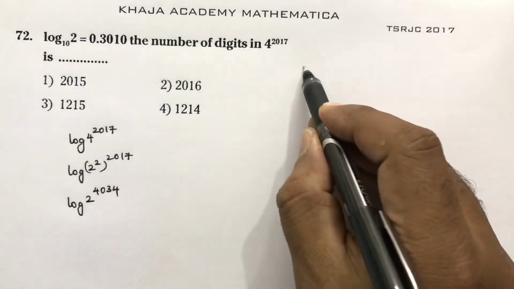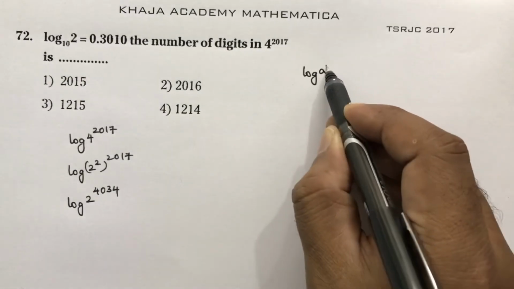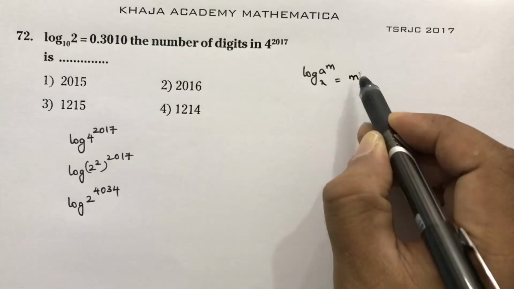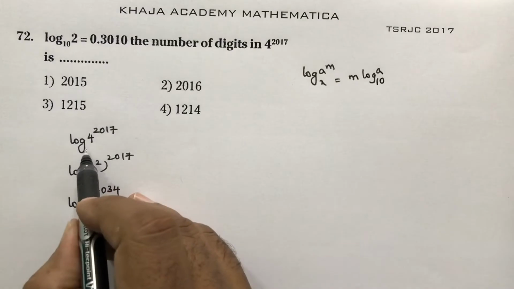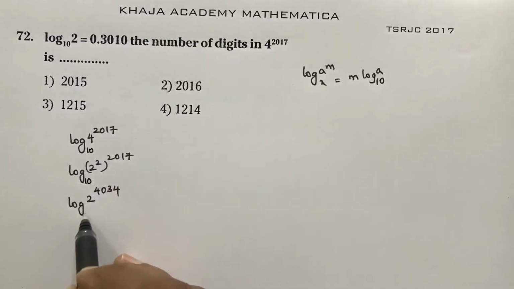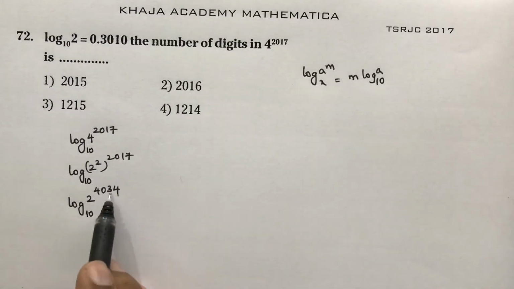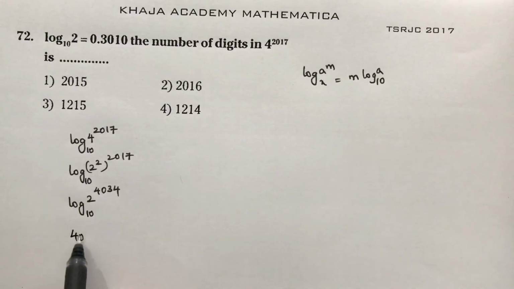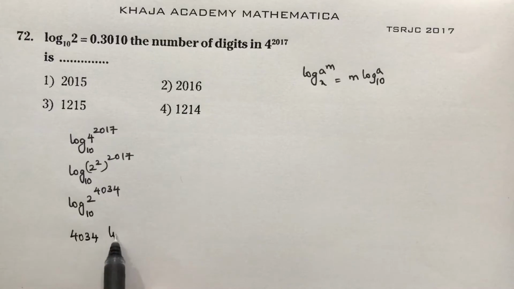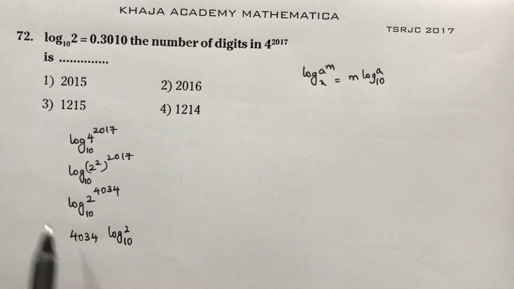So if I apply the logarithm of power formula, log a to the power of m to the base x is m log a to the base x. When they do not give the base, you can take the standard one, that is 10. Now in place of m I have 4034, so 4034 log 2 to the base 10.